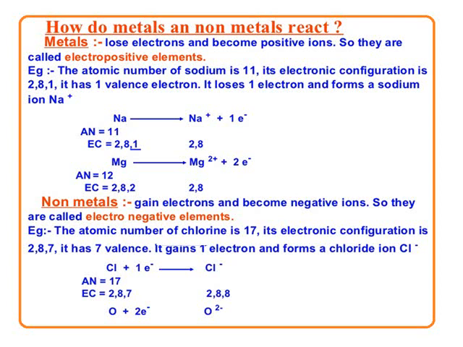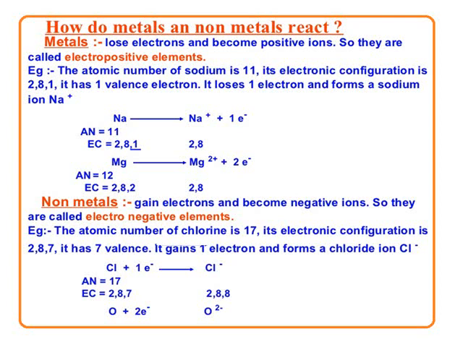In order to complete its octet, that is 8 electrons in the outermost shell, it is easier for sodium to lose 1 electron from the last shell rather than accepting 7 electrons. Thus, it has a tendency to lose 1 electron to have a completely filled valence shell.